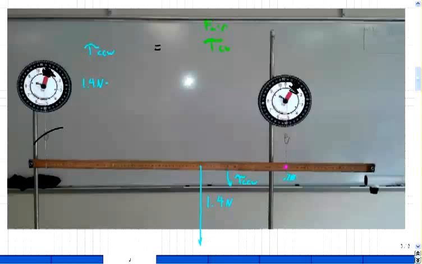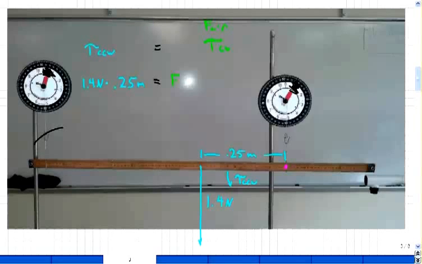So the difference between 50 and 75 puts this at a radius of 0.25 meters. So I take it times 0.25 meters.